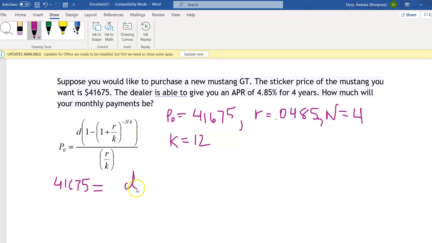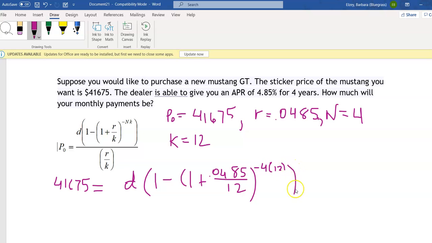D is what we don't know. 1 minus 1 plus 0.0485 over K, where K is 12, raised to the negative 4 times 12, and all of that is over R over K, 0.0485 over 12.